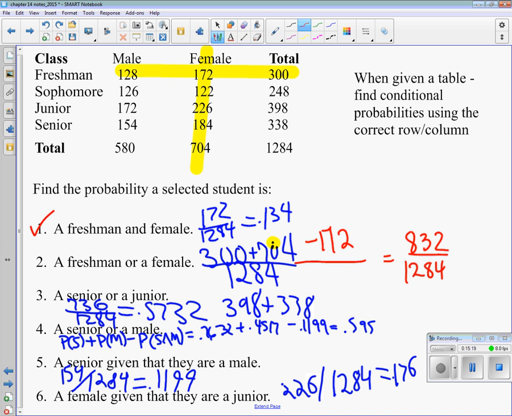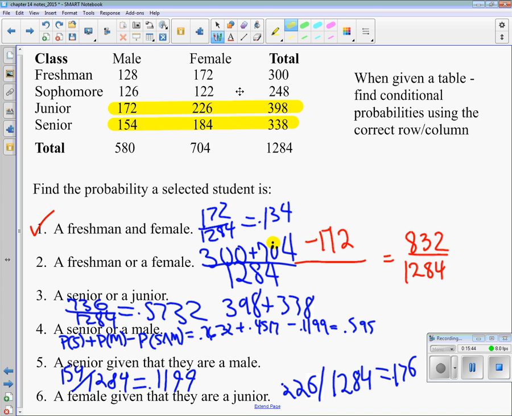How about number 3? I'm not sure what that says. Help me. Oh, they added the 398 and the 338. Same issue with number 3. Wouldn't you agree? So we have junior or senior. So I'm going to highlight those. Wait a minute.